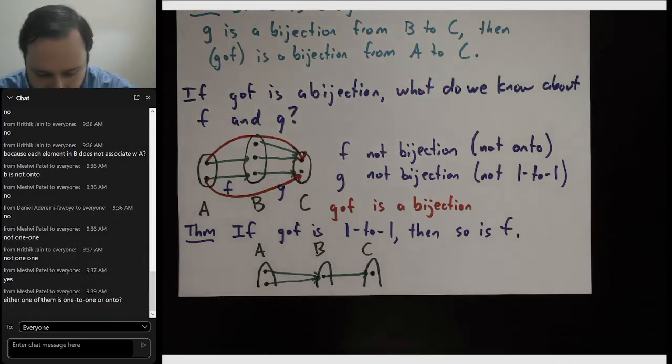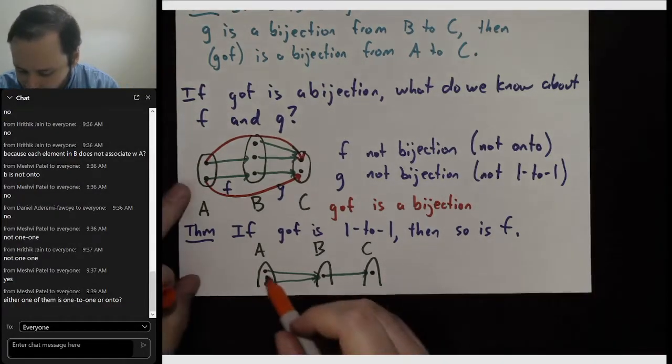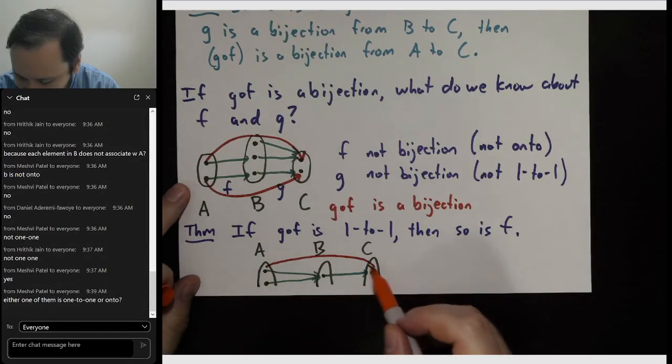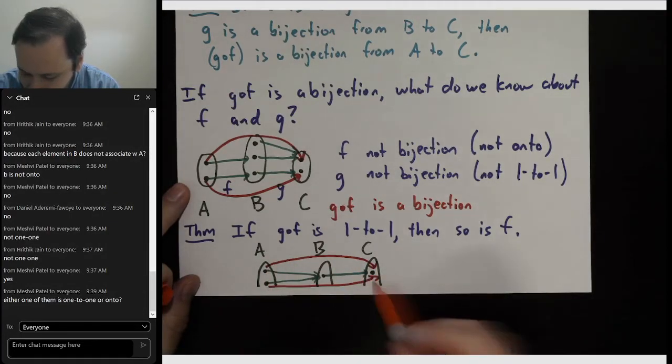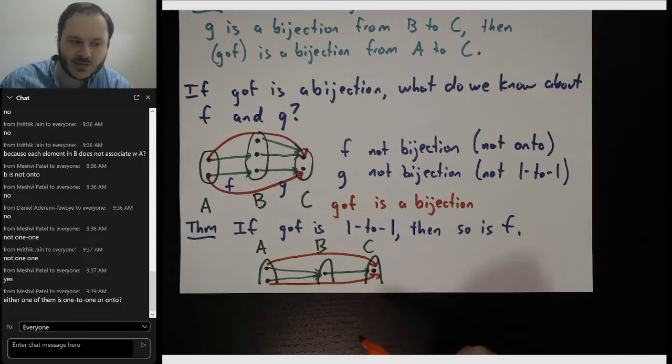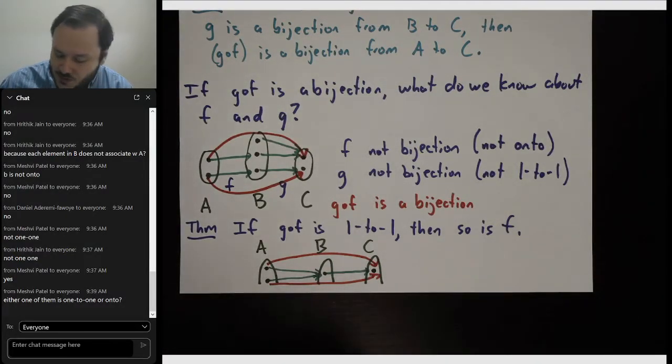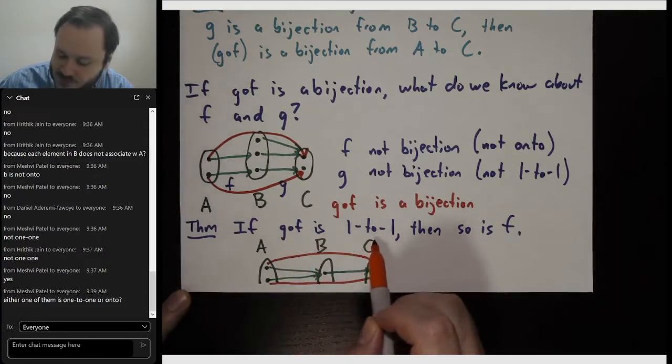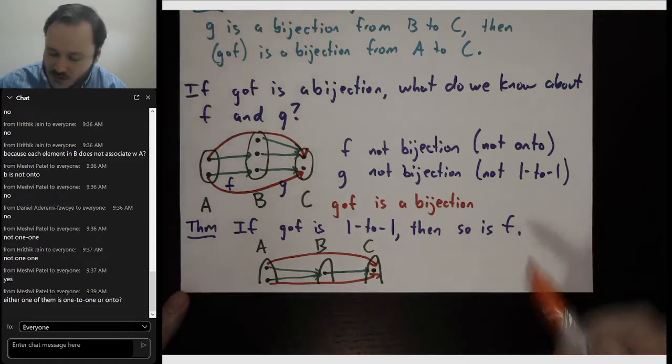So when I look at the composition, G composed with F, this element gets sent here, and this element gets sent here, and G composed with F is not actually one-to-one. So if G composed with F is one-to-one, then F has to be one-to-one.